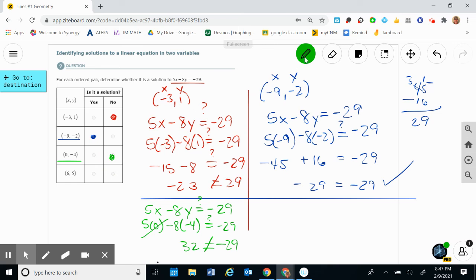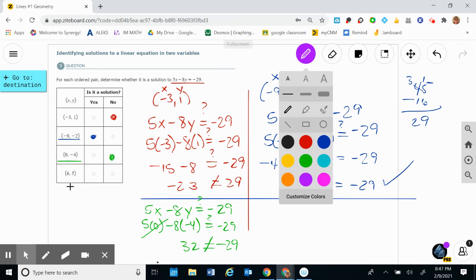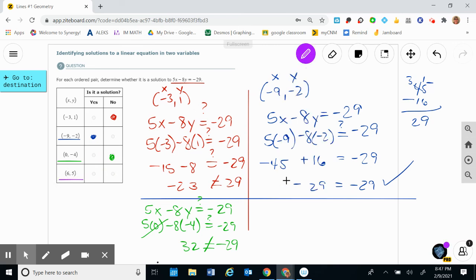Nope. Last one. I'm doing every single one just in case some of you are not understanding it. I do not require that you have every single one in your notes. What we're doing is checking to see if this point is on that line, if it's a solution to this. 5 times 6 is 30. 8 times 5 is 40.